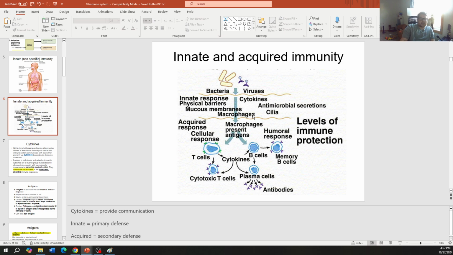Our first line of defense is that moat, and that is our innate response. Then after that, we have specific people guarding, we have guards, we have people patrolling, protecting the castle. That second level, those people protecting, that is then our acquired response.